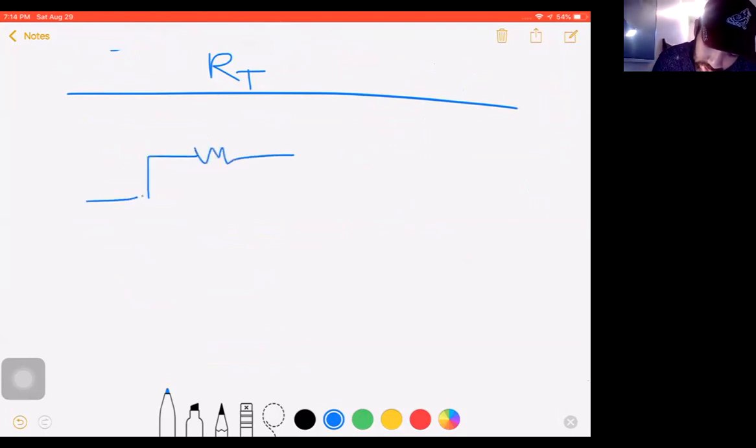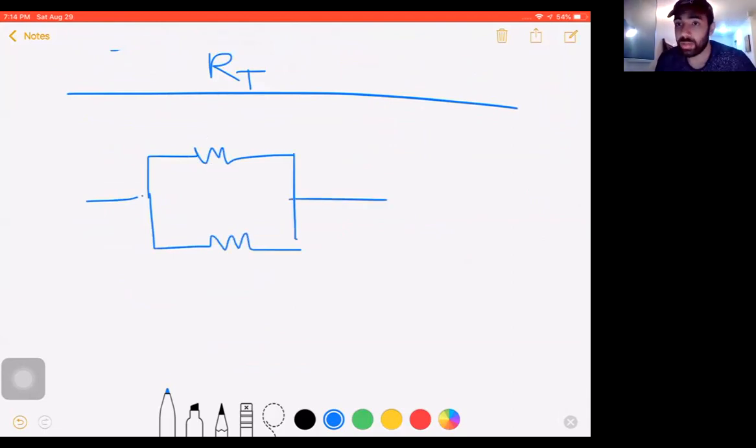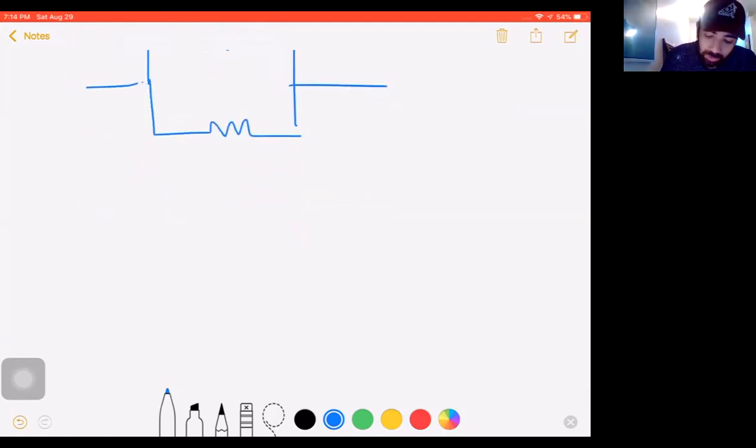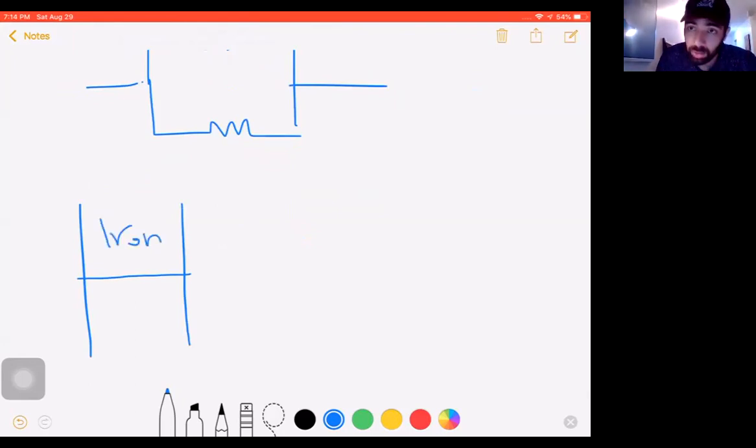For example, we have two resistivities parallel together. That happens in cases where you have an inner surface, an outer surface, and in between you have two materials. For example, you have iron, and also, I don't know, silver.